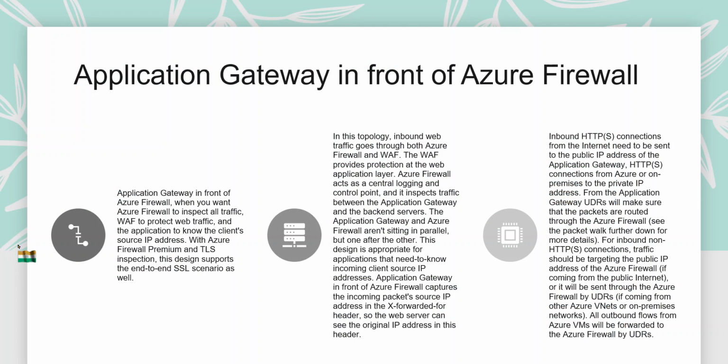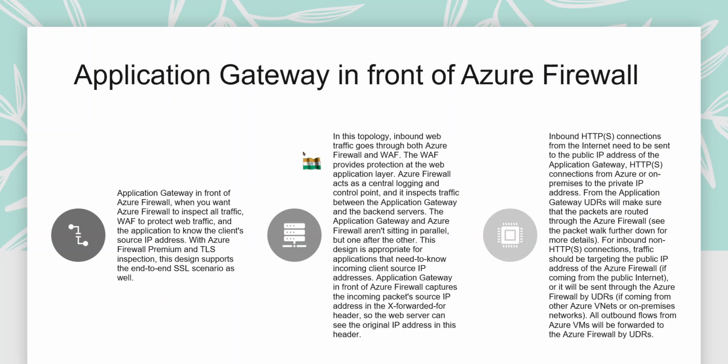So in this scenario, the application gateway is in front of the Azure firewall and it will inspect all the traffic. The WAF will protect the web traffic and the application, the client IP will check the source IP with the Azure firewall.